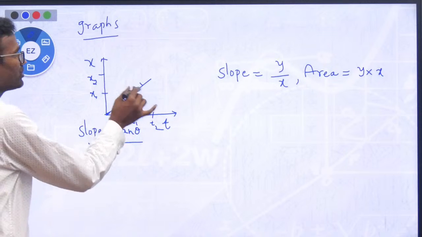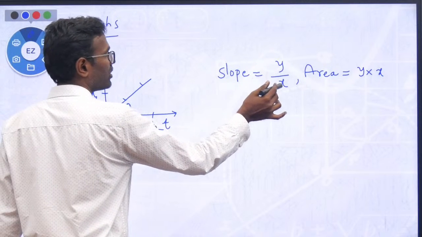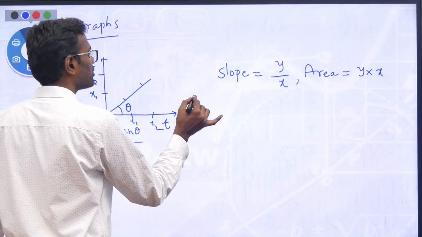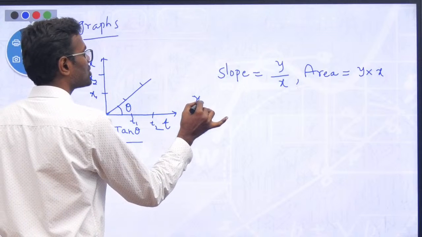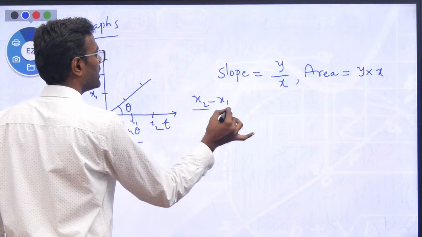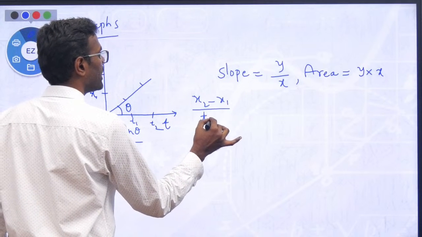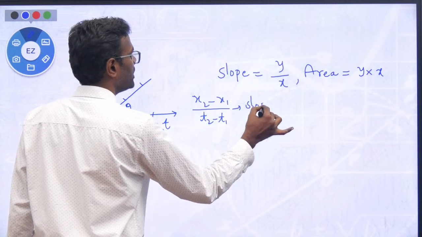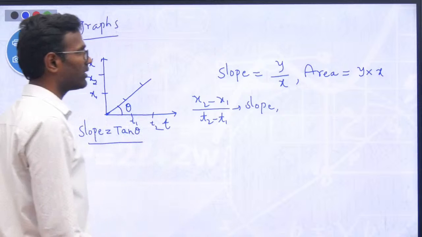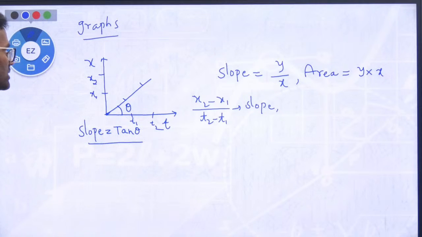Take the slope by using this formula, change in y coordinate by change in x coordinate. So we should write x2 minus x1 divided by t2 minus t1. This is the slope.